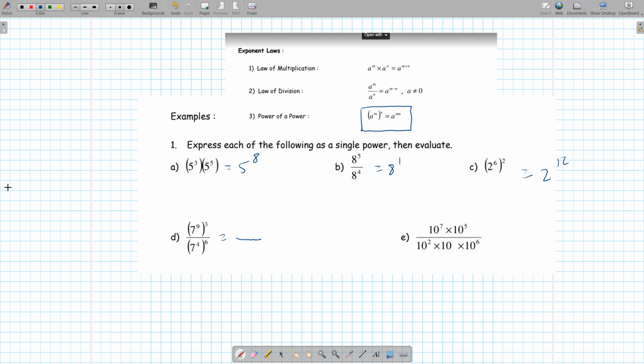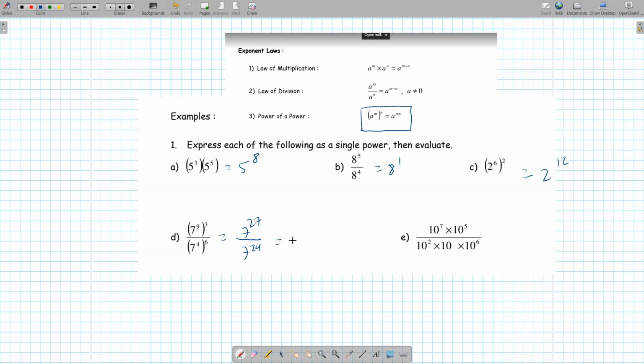Again, it's the rule of power of a power. It's going to be both 7 to the power something in the numerator and in the denominator. 27 and 24. Yeah, 27 and 24.